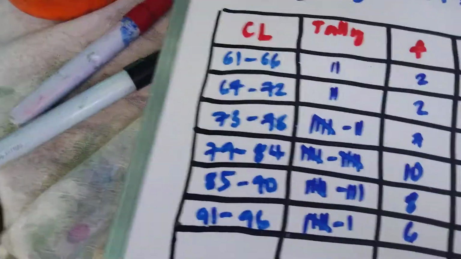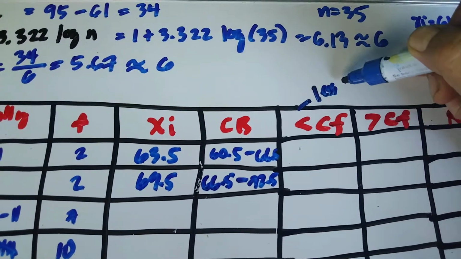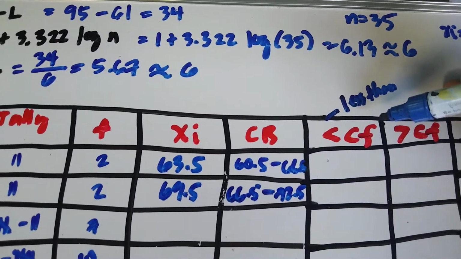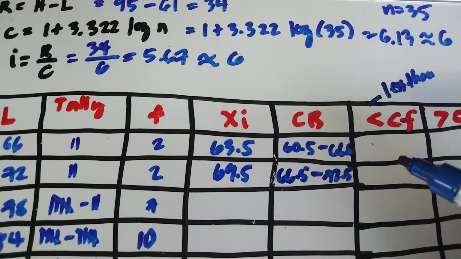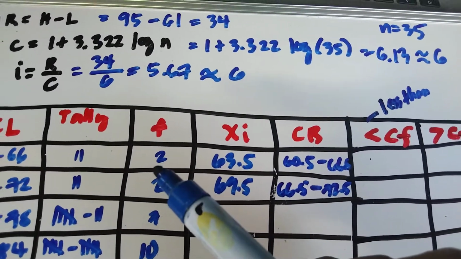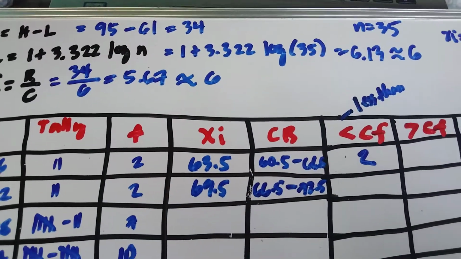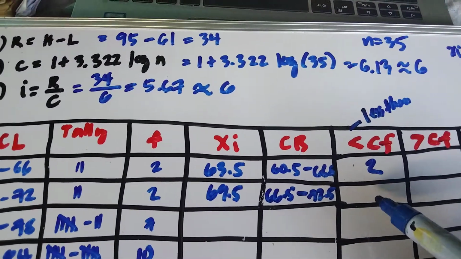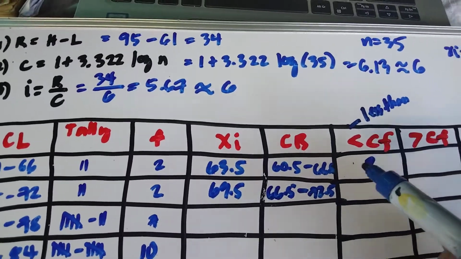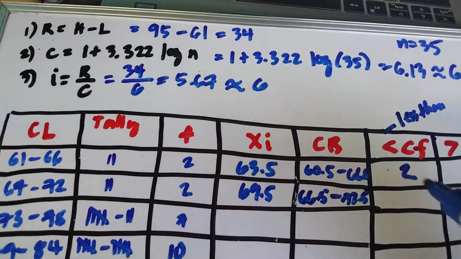Now, how do we obtain the less than cumulative frequency? All you need to do is look at the frequency column. The first is 2, so you write 2. From 2, add the second frequency: 2 plus 2, you have 4.